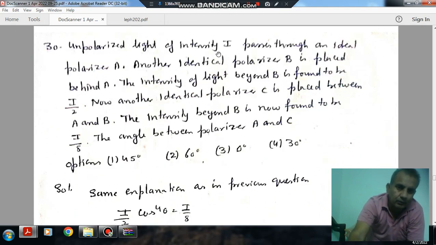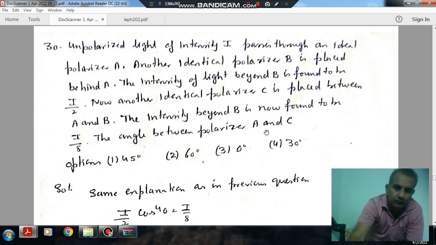Next, unpolarized light of intensity I passes through an ideal polarizer A. Another identical polarizer B is placed behind A. The intensity of light beyond B is found to be I by 2. Now another identical polarizer C is placed between A and B. The intensity beyond B is now found to be I by 8.